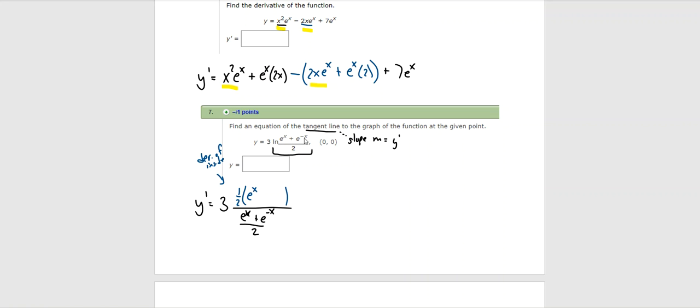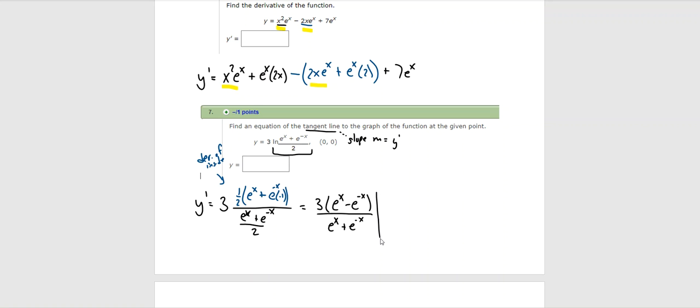The derivative of e to the negative x is itself times the derivative of the inside. So we see we have this 3 hanging out. These halves cancel out. A half divided by a half, they cancel each other out. I will have e to the x minus e to the negative x all over e to the x plus e to the negative x. All right, so this is our derivative.